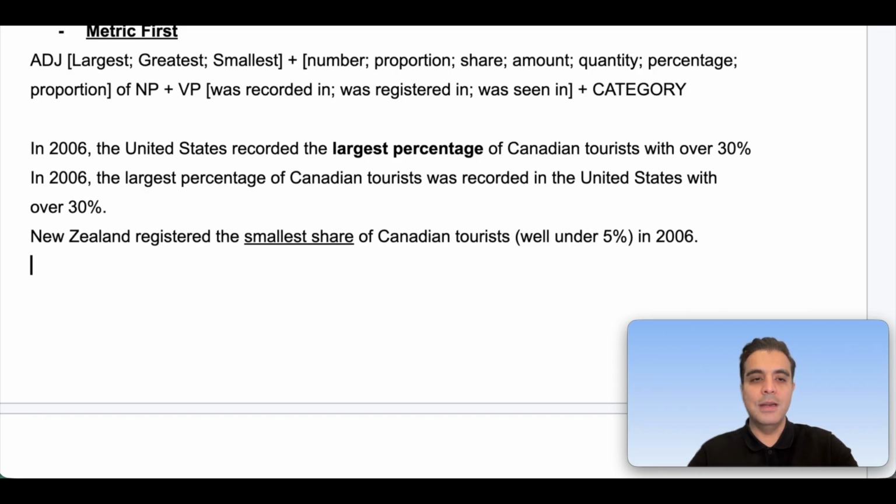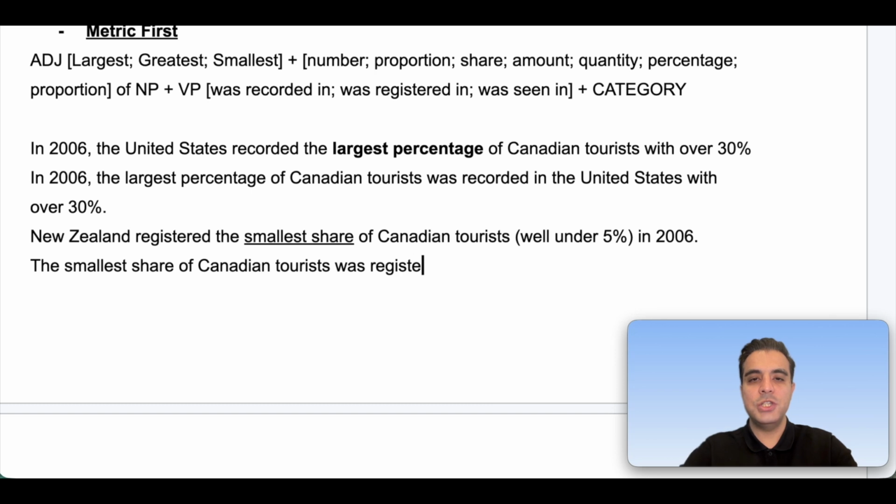So again, look, we had New Zealand registered the smallest share of Canadian tourists with under 5%. This time, we're going to say the smallest share of Canadian tourists. Okay, what is the verb that we're going to go with?